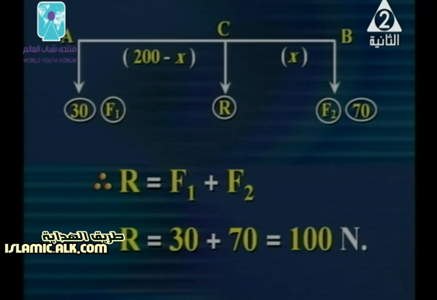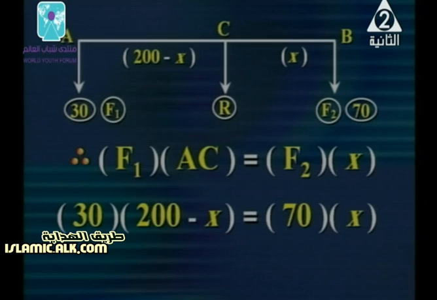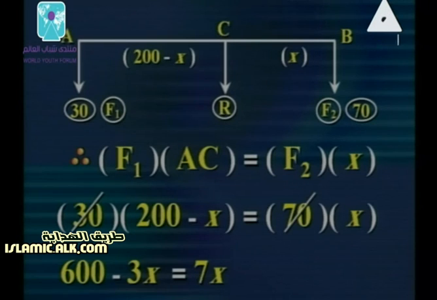After that, we find the action point of the resultant of the two forces by using moments about point C. F1 times AC equals F2 times x. Look at, dear student, AC equals 200 minus x. By substitution, F1 equals 30, times 200 minus x, equals F2 70 times x. Divided by 10, then 3 times 200 is 600, minus 3x, equals 7x on the right hand side.